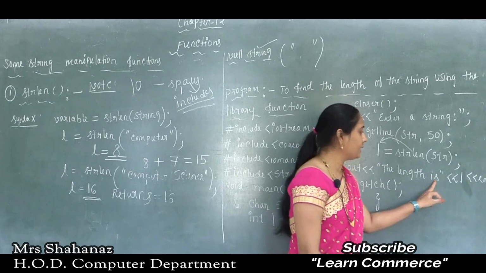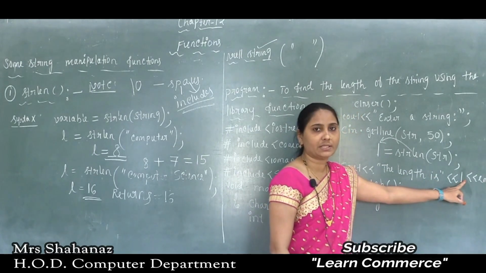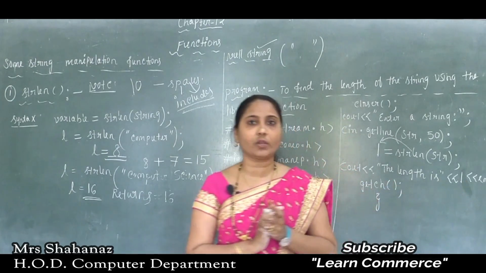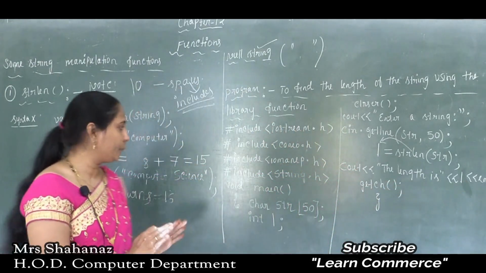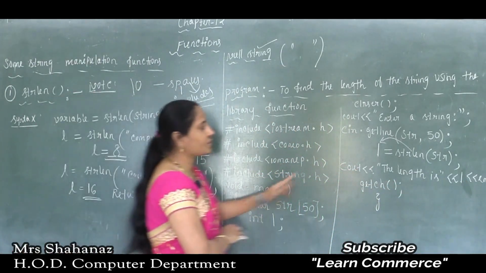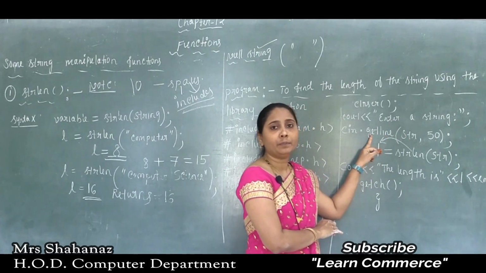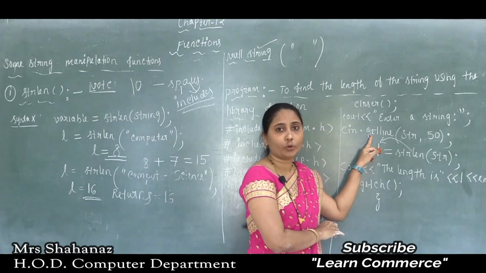As we know, every piece of information is in L, so it is going to display the answer. If you enter computer science, after running the program, first it displays the message, enter a string. I input computer science through the keyboard.